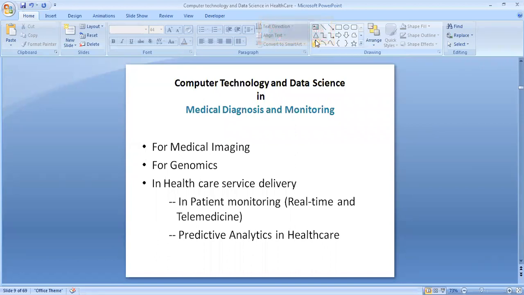All these are analyzed in genomics. The third and most important one is healthcare service delivery. Having known the methodology to be applied for the treatment of a particular disease, how do we go in for the delivery? What is the planning? What is the sequence in which we have to supply to the patient so that they progress to a better level?